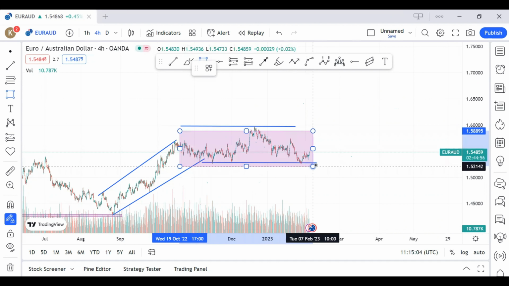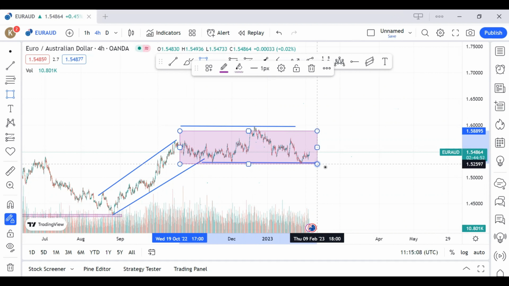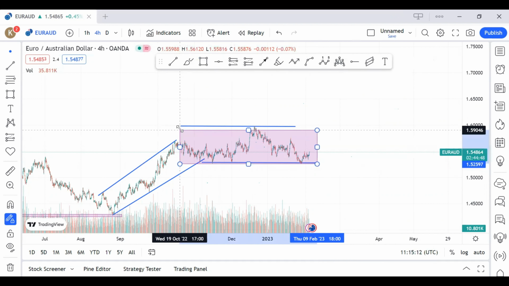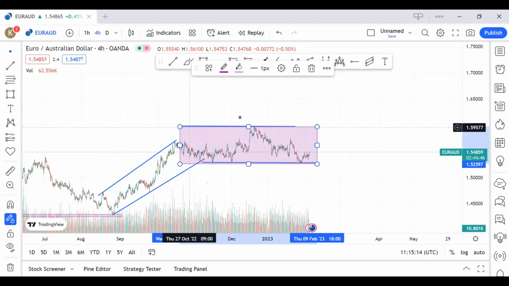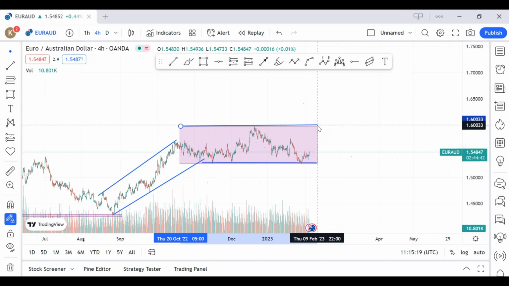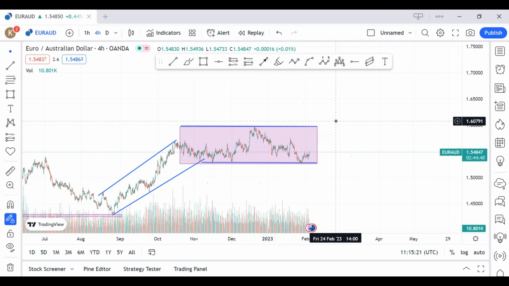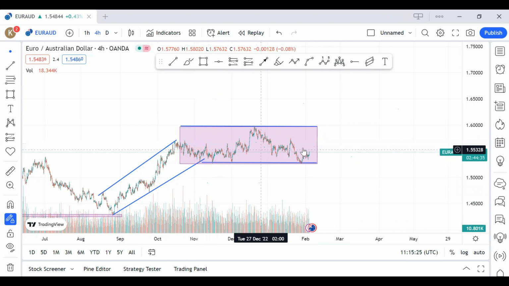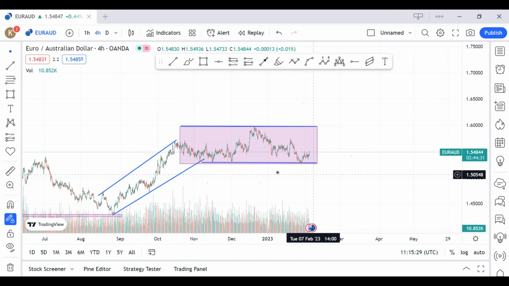So therefore I call this structure a moving sideways action. So we can see that we are moving in a sideways market structure, sideways position, sideways price.